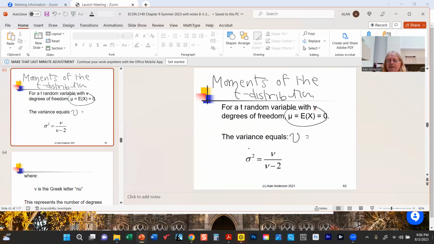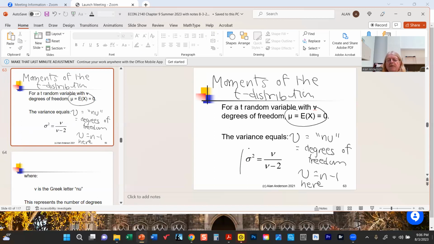This is the Greek letter nu. Although when you print it out, the fonts in this PowerPoint sometimes make it difficult to see the difference between nu and v. But nu is a Greek letter, and we use it to represent degrees of freedom. So in these examples, the degrees of freedom is equal to n minus 1. But that will change in later chapters.